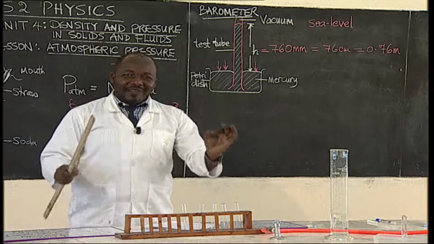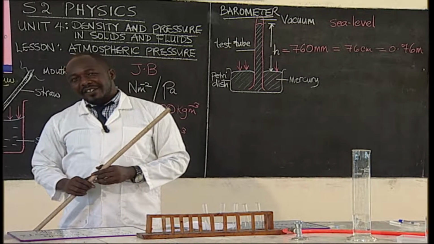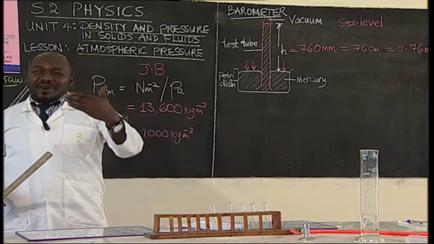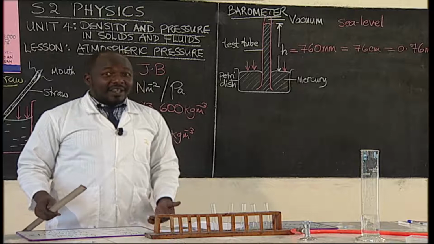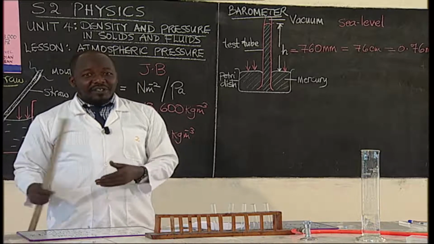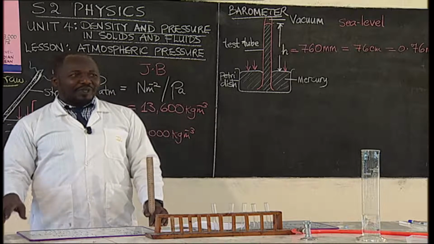And that is very fundamental, very important. For some of you who will do courses in aviation, maybe at the university, and other related courses, you need to understand very well the idea of atmospheric pressure.